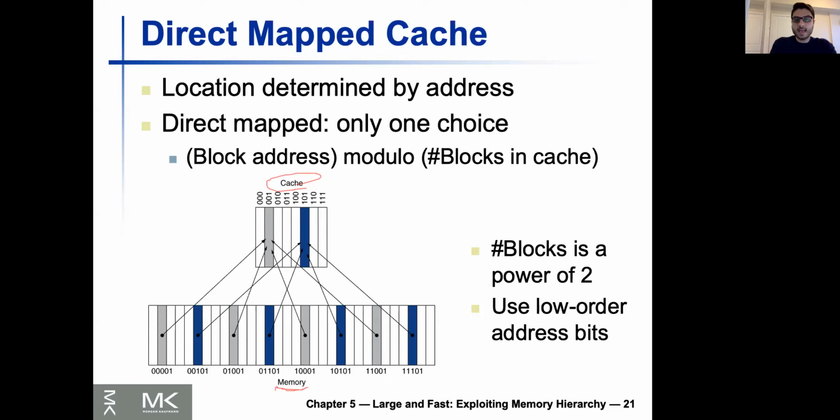Okay, and there must always be a relation between your cache size and memory size, one way or another, depending on the architecture of your cache. So if you have a cache of this size, your memory shouldn't exceed this size, and we're going to talk about why right now. Because the block address of the cache is actually a modulo of the number of blocks in cache.